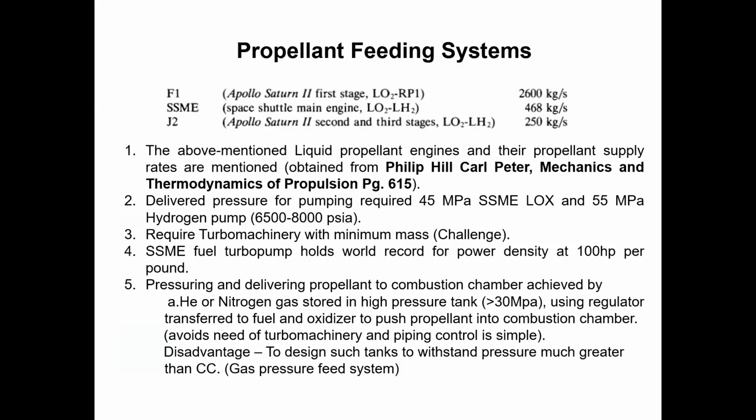You use a regulator to transfer that nitrogen or helium into the fuel and oxidizer tanks, in order to push them into the combustion chamber at a very high flow rate. This is a simple system compared to turbo machinery systems, and does not require any turbine or separate pump to pump in the fuel.